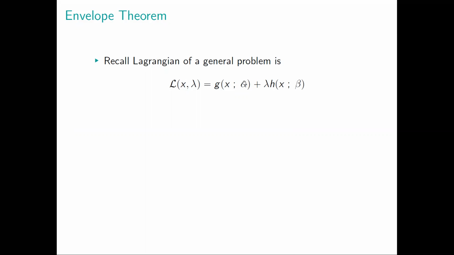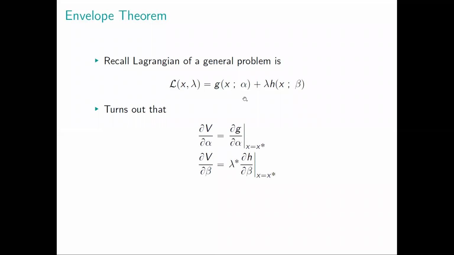Recall, in order to get an idea of how this envelope theorem works, that the Lagrangian of a general problem is given by L, which depends on x and lambda. And it's going to turn out, actually, that the derivative of our value function with respect to alpha just depends on this direct effect.